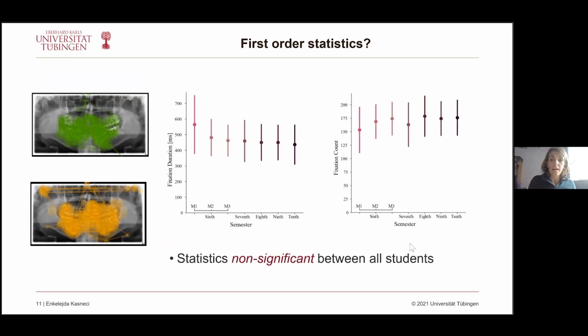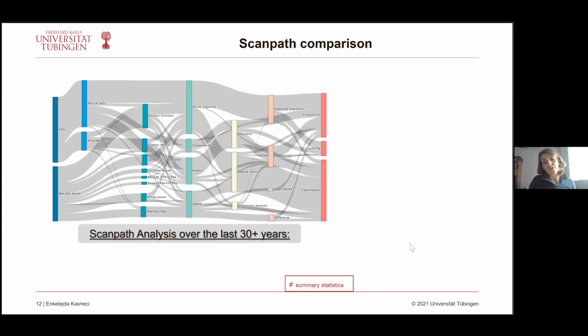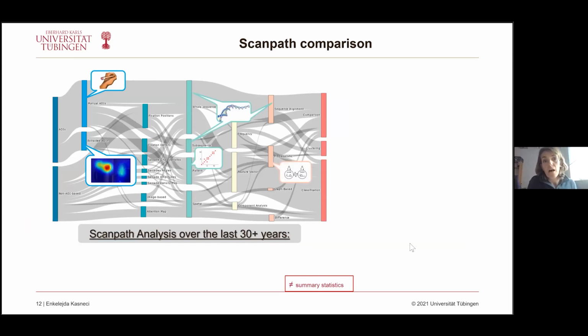So obviously, despite the long research that has been done in scan path analysis, starting from manual labeling or AOI extraction, or methods borrowed from bioinformatics for sequence alignments, or hidden Markov models and Bayesian statistics. Now, with the development that we have in deep and machine learning, we're basically able to look at these sequences in a more sophisticated way.